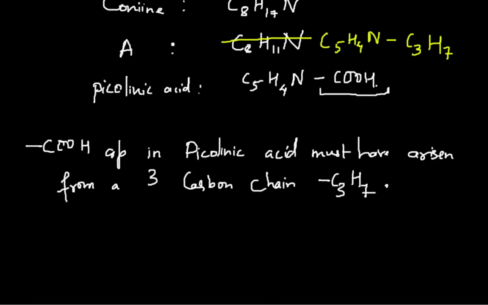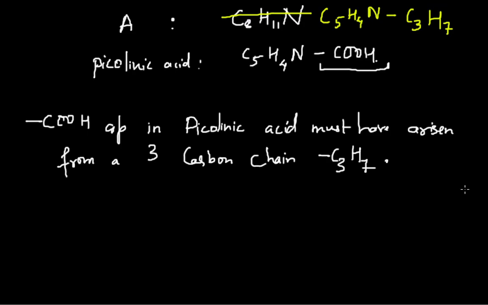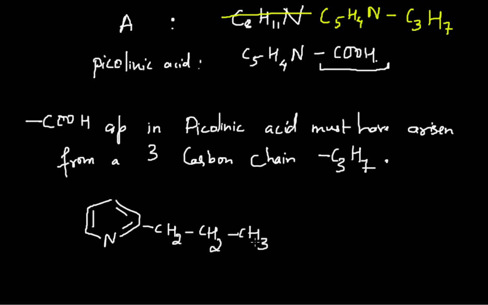A could have two different structures because A could be this one. See, what does KMnO4 do? You should note that KMnO4 just oxidizes the benzylic carbon of this aromatic ring to COOH. That is how you have got picolinic acid here.